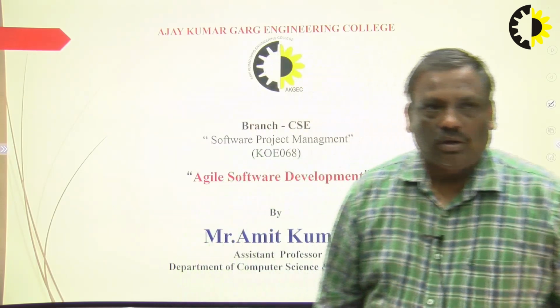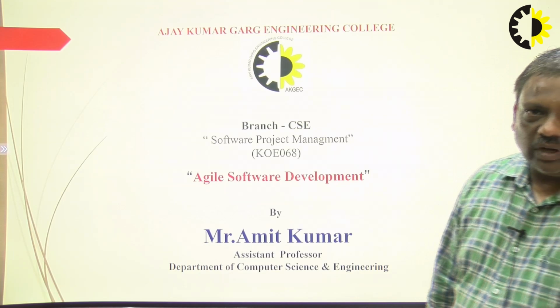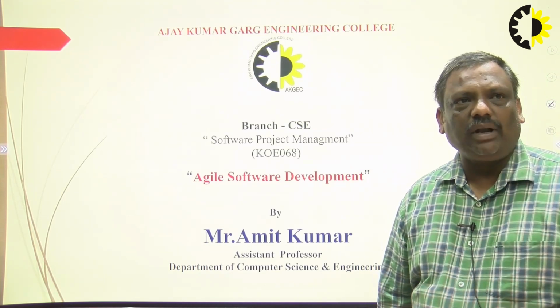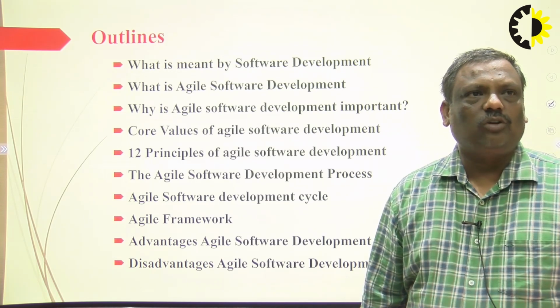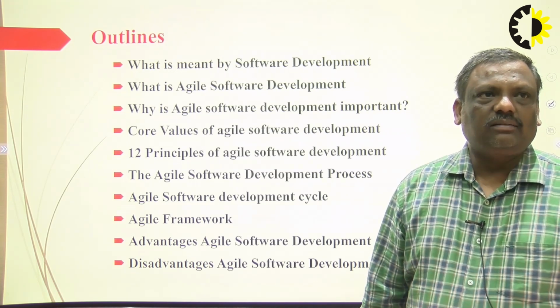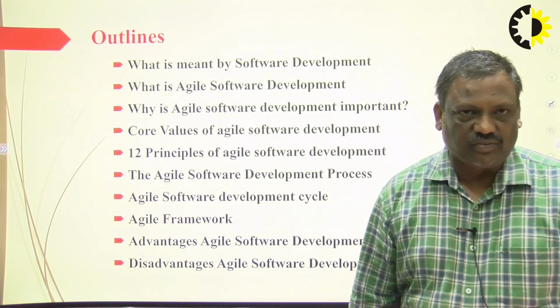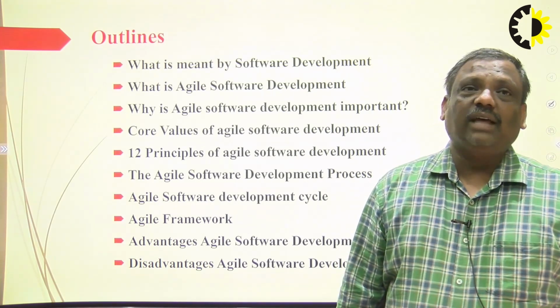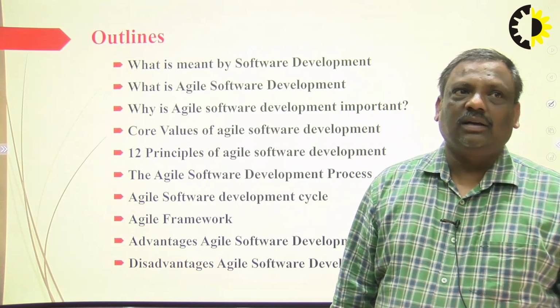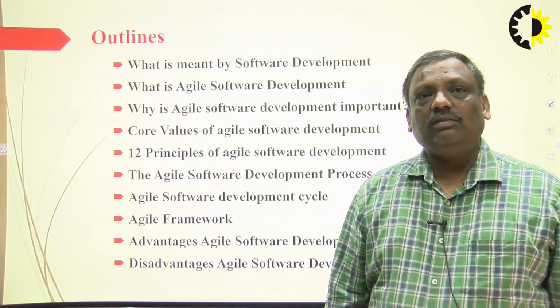So today's topic is Agile software development. The outline of this topic is: what is meant by software development. At first we understand what is software development, then what is Agile software development and why it is so important.